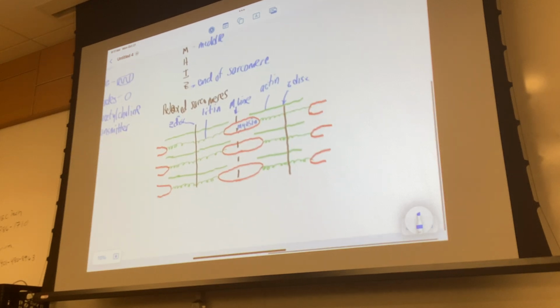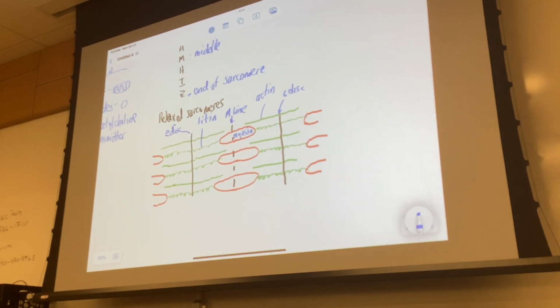So the sarcomere has 3 more areas. For each sarcomere, you have the I band on one side and then the I band on the other.